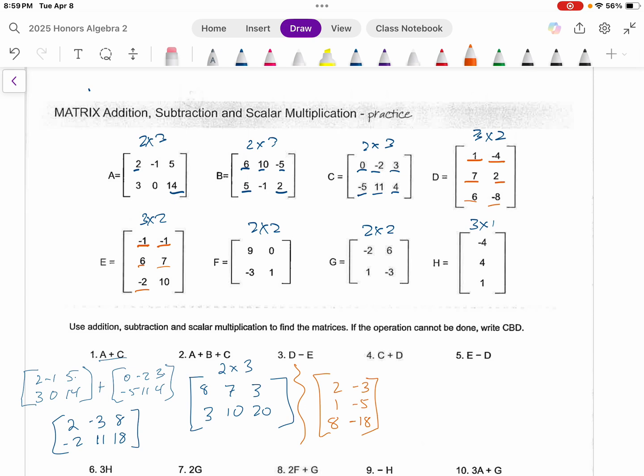Now they ask, can I do C plus D? Can I add these two? And I would say cannot. So cannot be done, CBD. Then they asked me to do E minus D. Okay, I could do E minus D. It's just the opposite order.